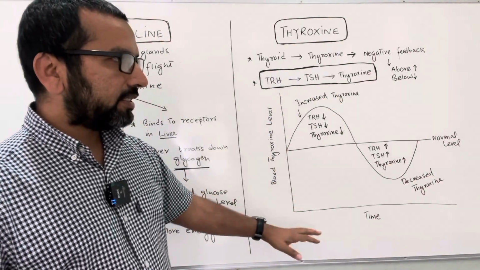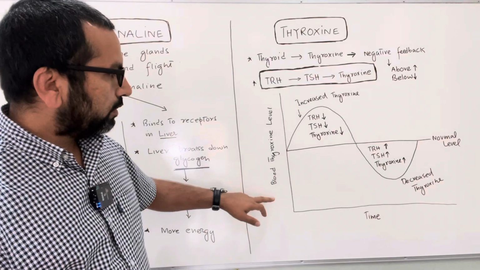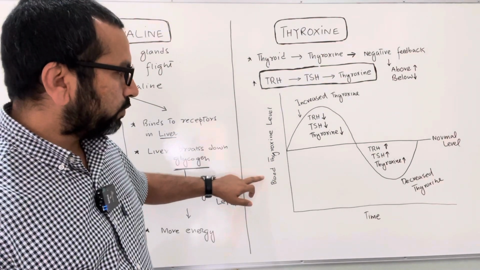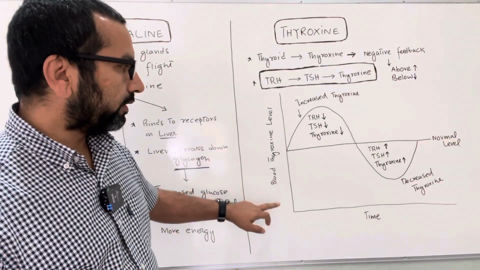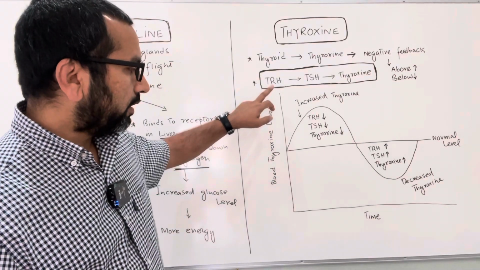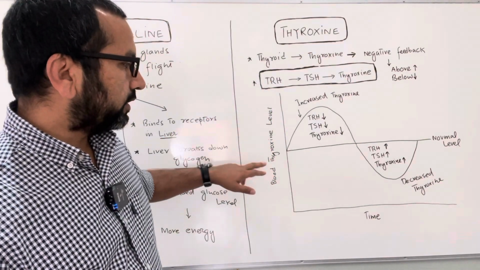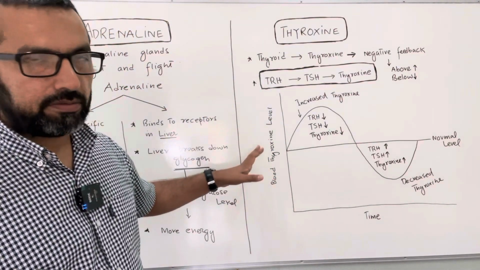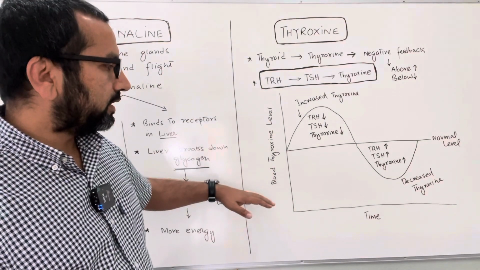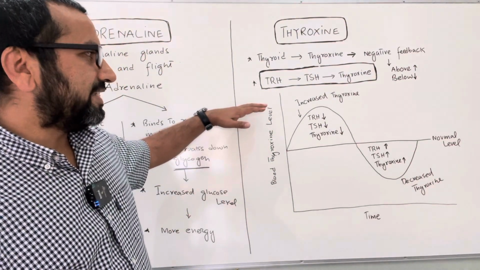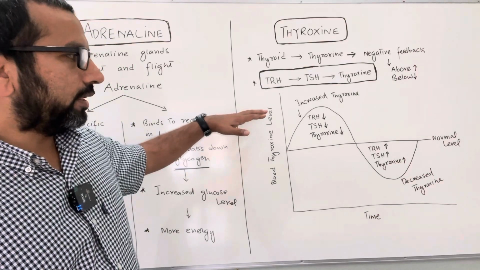If you look at this diagram, along the y-axis we have blood thyroxine level. If it goes up, it means the thyroxine level is increased in our blood.